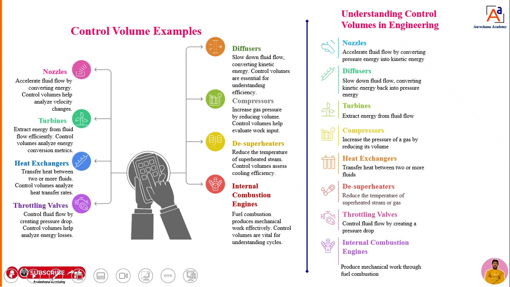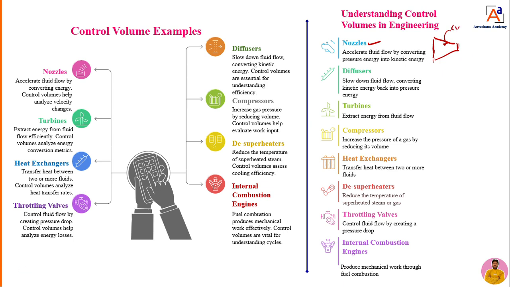So if you want to list more applications of this control volume, we can see here now. Nozzle you can see. Nozzle means what, dear students? This is the nozzle. So now what I've done, when we draw this line and this line, we get a definite volume or fixed volume. That is nothing but the control volume.